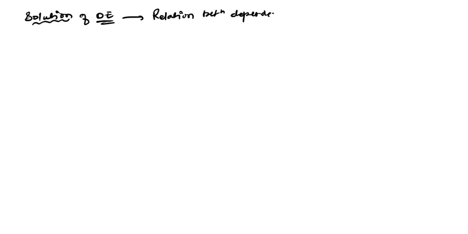Now we will see what is the solution of the differential equation. As I explained in the previous lecture, the solution of a differential equation is nothing but a relation between the dependent and independent variable.